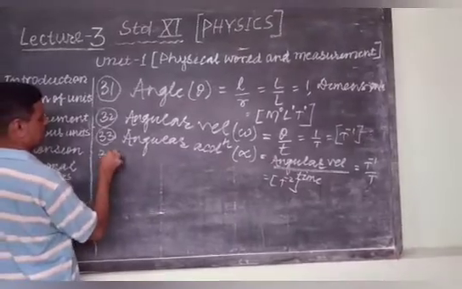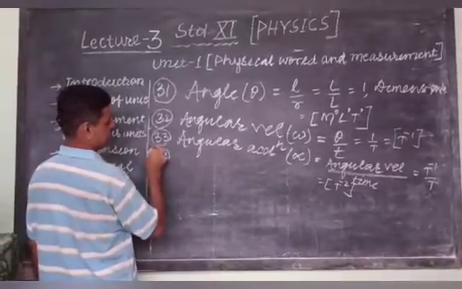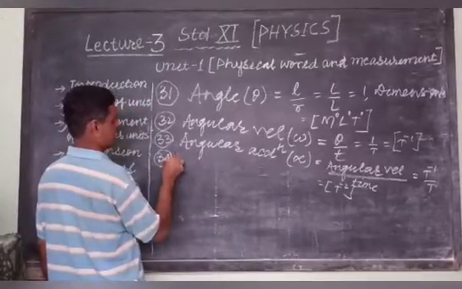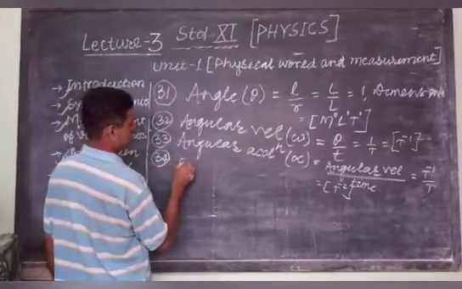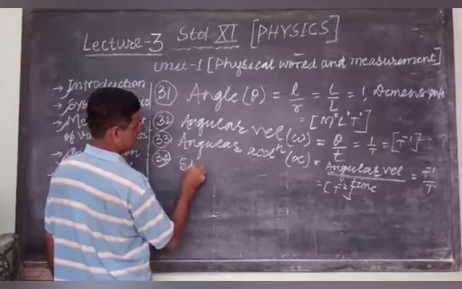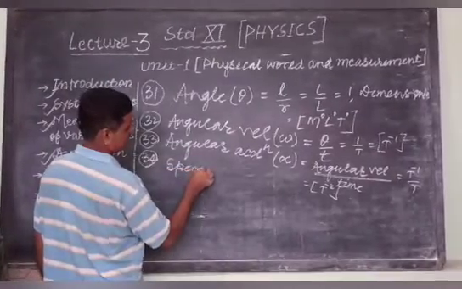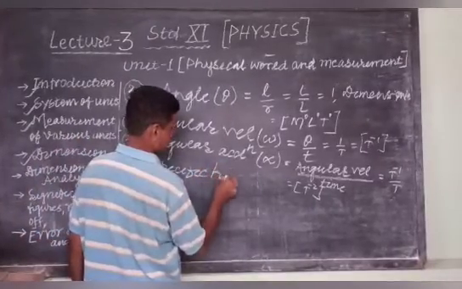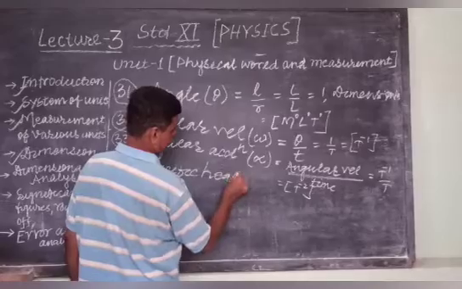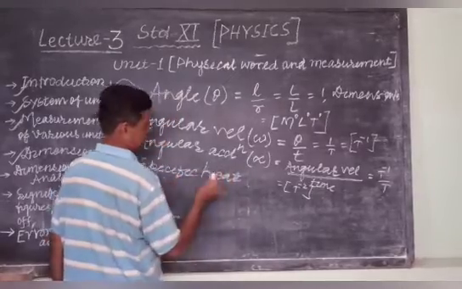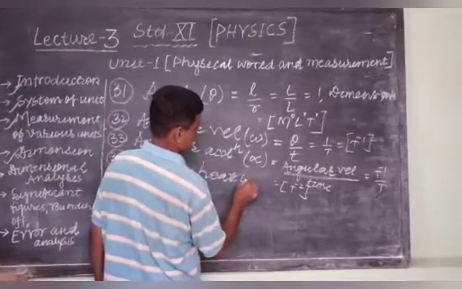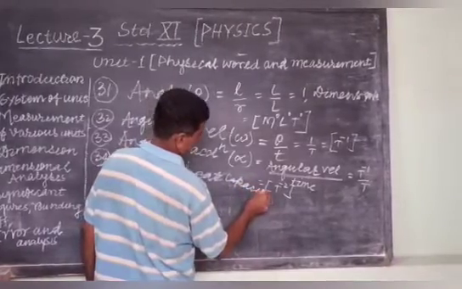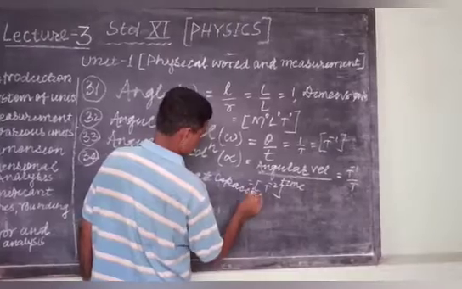Number 34. This 34 is specific heat. You can also say specific heat capacity.